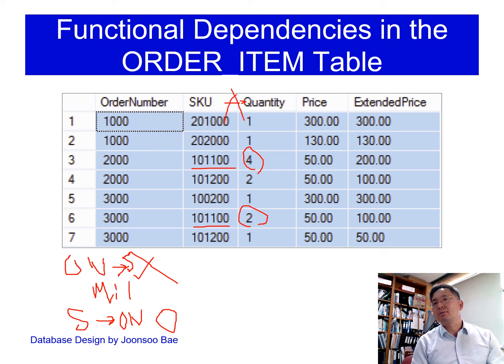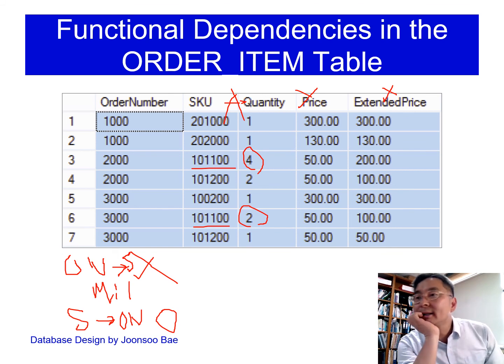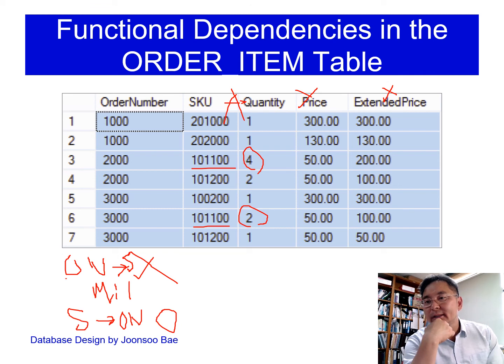How about SKU and price? Also not a function. SKU and extended price, not a function. So order number is not a determinant for SKU here.